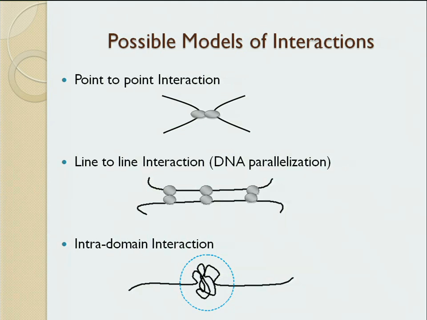I have no idea which is real, and I believe there is still a lot to be done. But I think this model may be helpful for the reconstruction of three-dimensional structure.